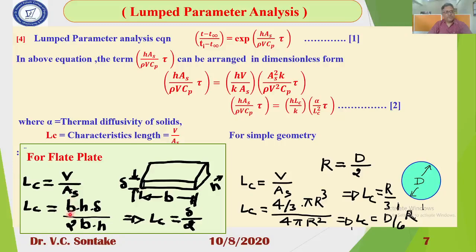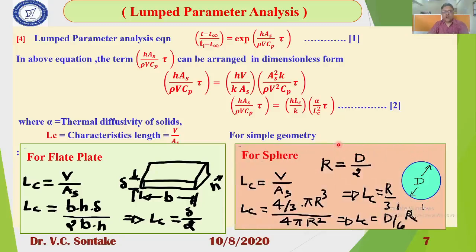Volume will be B into H into delta, and the surface area of this plate will have two surfaces, one the top surface and another the bottom surface. That is why it is written as 2 into B into H. Simplification of this will give the characteristic length for a flat plate as delta by 2. So the characteristic length for a flat plate will be half of its thickness.